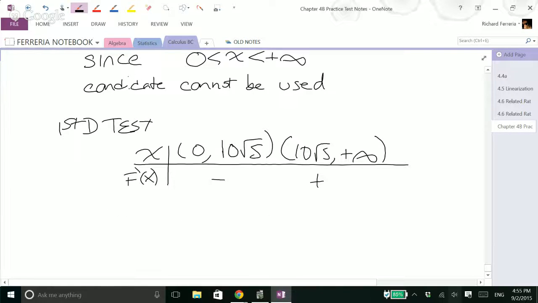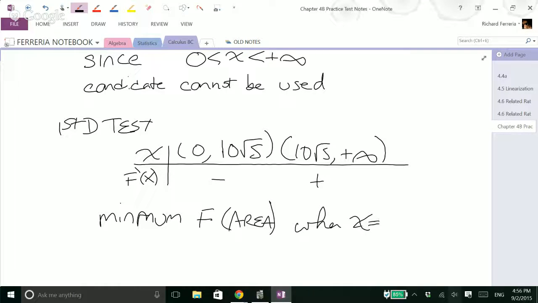So we have a minimum fencing area when x equals 10 root 5.